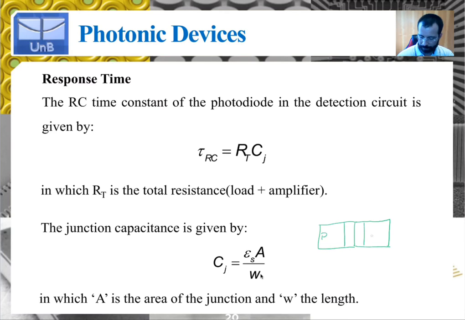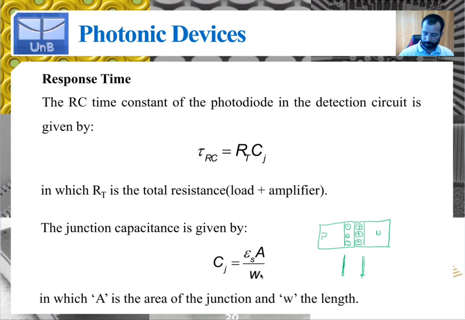If you have a PN junction here, for example, you have immobile ions on either side of the junction, and as we've said, these immobile ions, or this depletion region, will behave in a similar manner as a parallel plate capacitor.